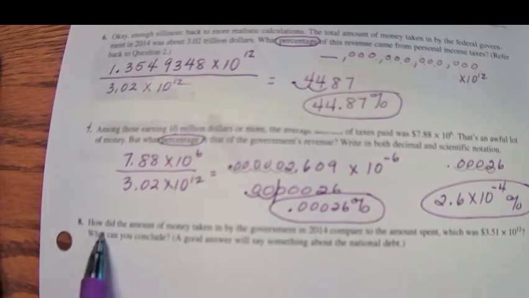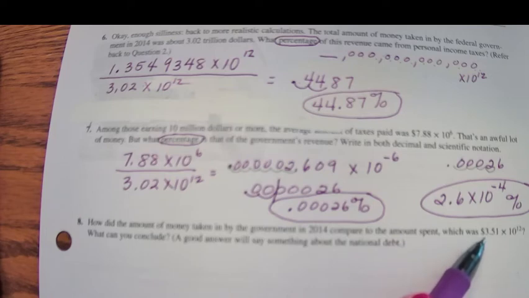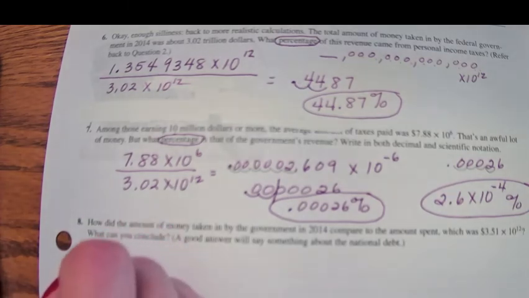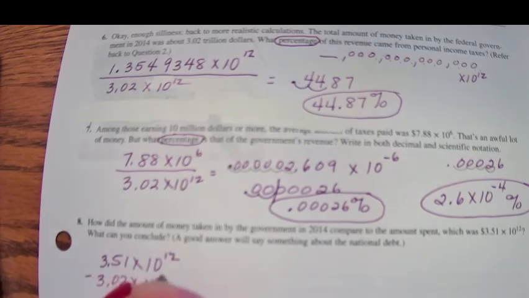Last question here. How did the amount of money taken by the government in 2014 compare to the amount spent, which was 5.31 times 10 to the 12th? What can you conclude? All right, so they spent 3.51 times 10 to the 12th, and they brought in 3.02 times 10 to the 12th.